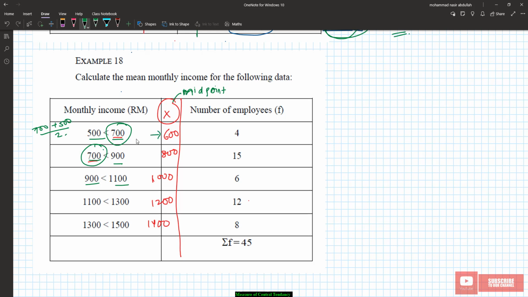And then you just input into the formula, into the calculator, summation of fx divided by summation of f. So can you tell me, you just input into the calculator, tell me what is the value of summation of fx. Put it into the calculator.